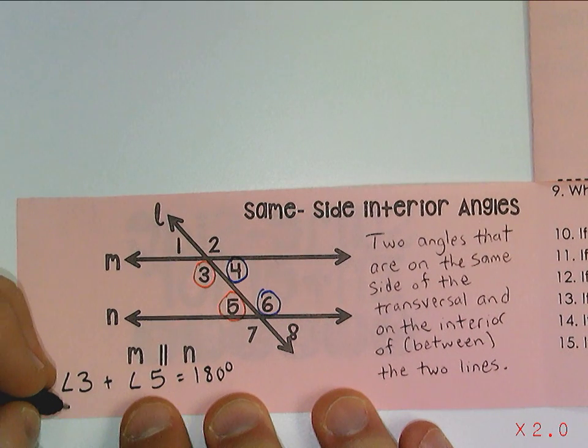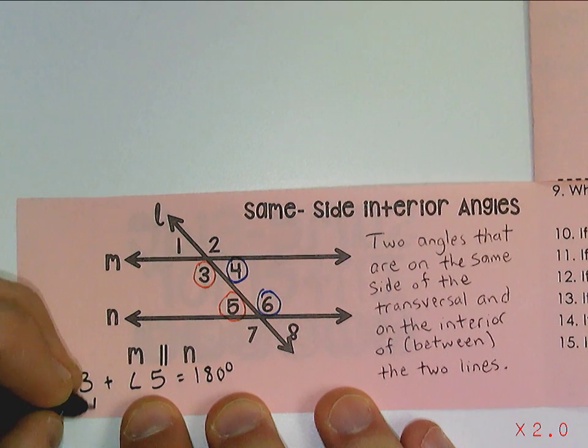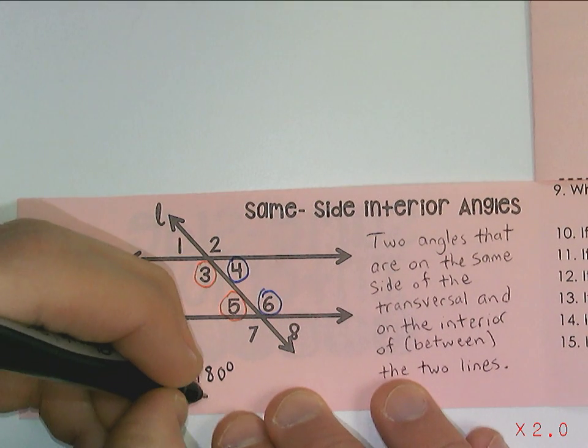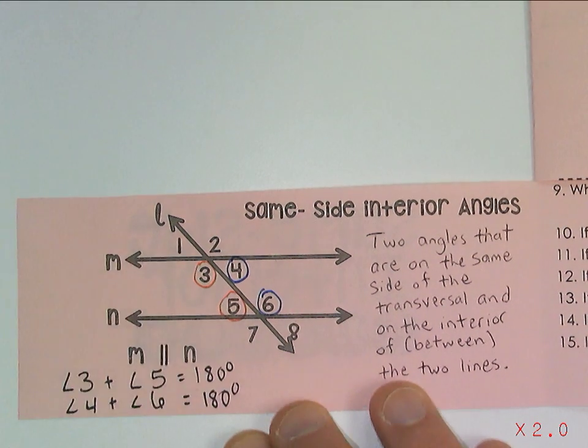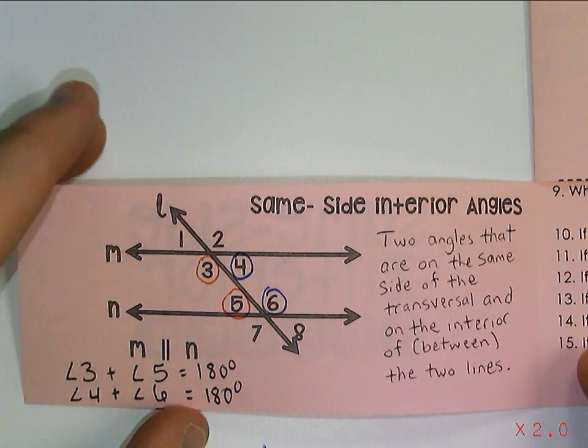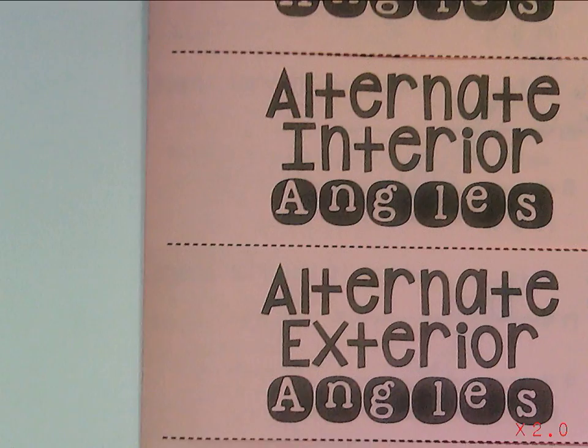And you have angle 4 plus angle 6, and that's equal to 180 degrees. So 2 different cases here where you would have same side interior angles adding up to 180 degrees. Make sure you have all of those written down.